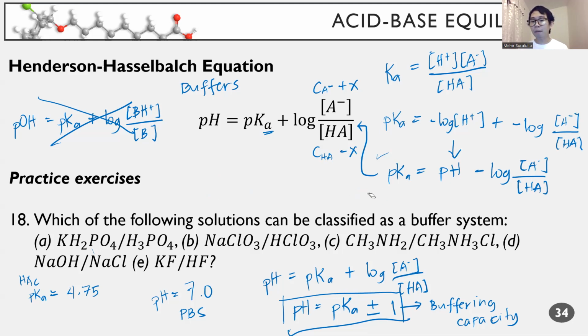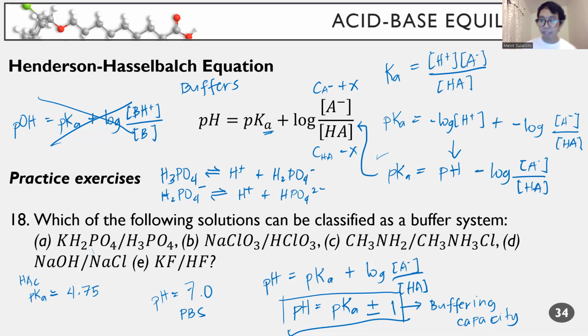If we look at the dissociation of phosphoric acid, H3PO4, it will form H plus and dihydrogen phosphate. Then dihydrogen phosphate will dissociate to form additional H plus and hydrogen phosphate. And there is a third equilibrium reaction, the dissociation to form phosphate.